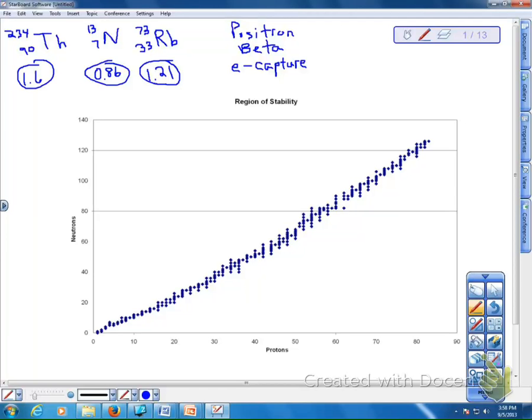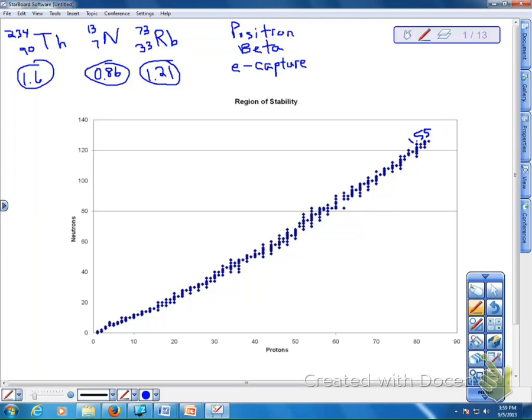Okay, so on the screen I've put the neutron to proton ratio for each of those isotopes. For thorium-234, the neutron to proton ratio is 1.6. To figure out what it's supposed to be, let's come down here to the graph. Thorium has 90 protons, so it is above our zone of stability, and the ratio right here is about 1.55 or something like that.